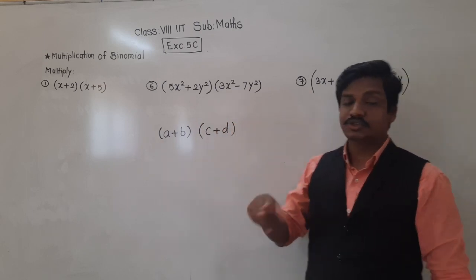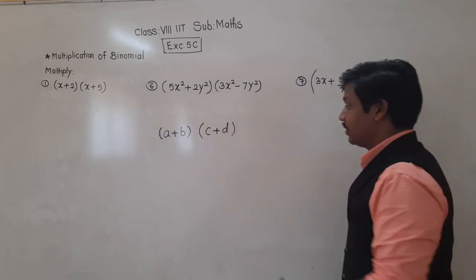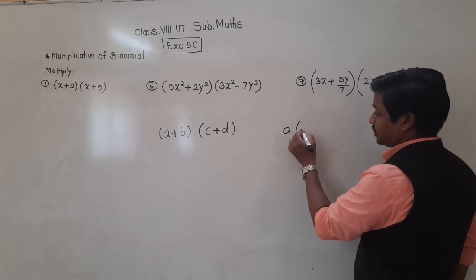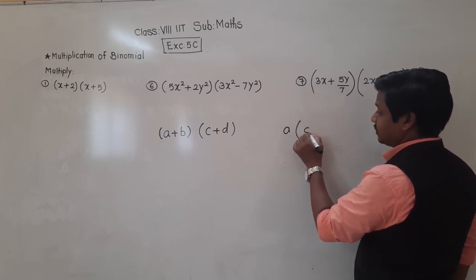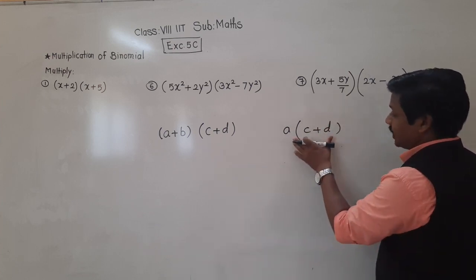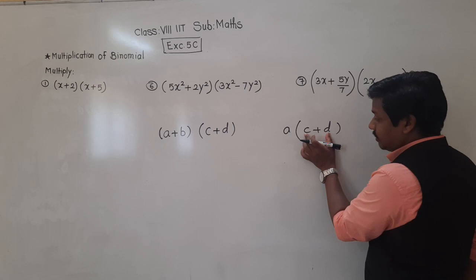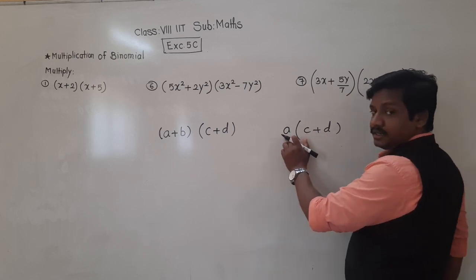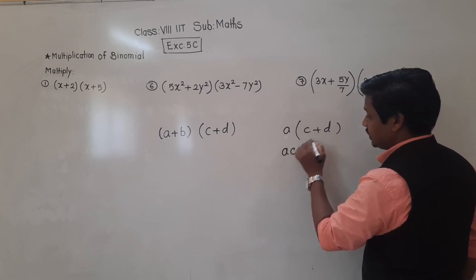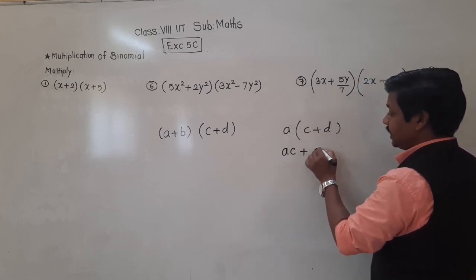As we have seen yesterday, when we multiply a binomial or polynomial, suppose c plus d, by a monomial, we multiplied both terms in the bracket by the monomial outside. So a multiplied by c, ac, plus a into d, ad.